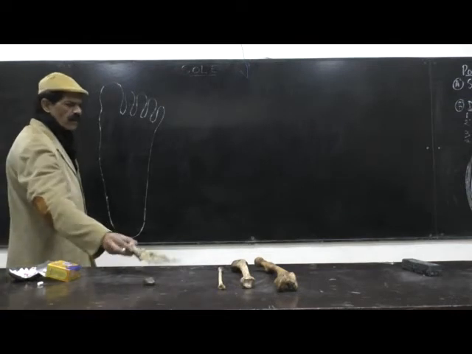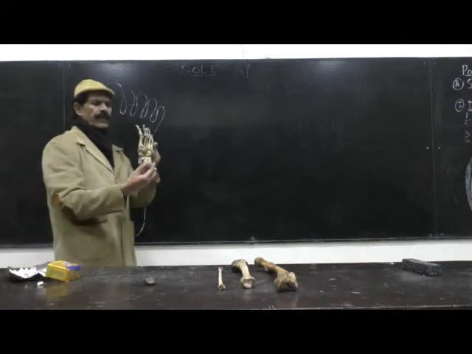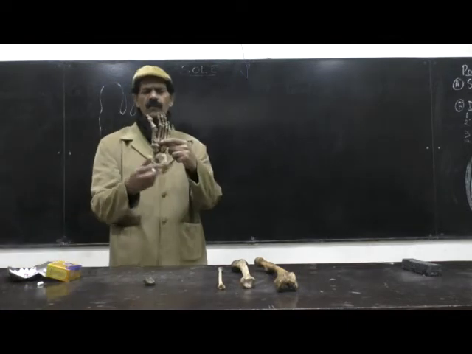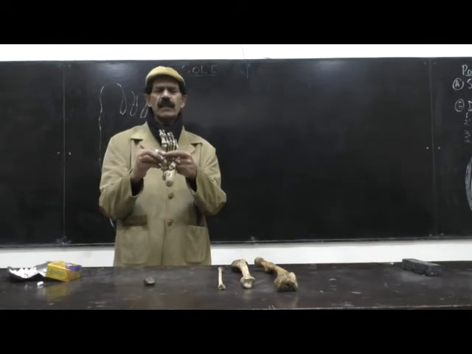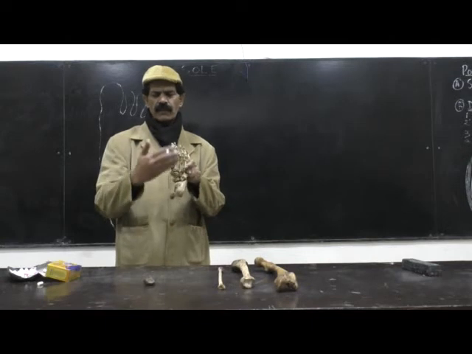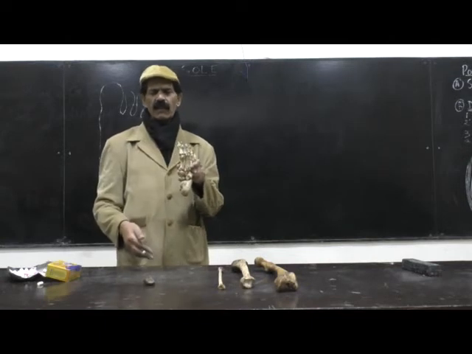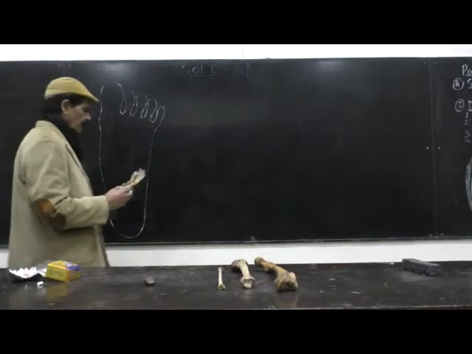The various bones which are arranged in the sole of the foot are the tarsal bones. So what is their mutual relationship, or when we see all the tarsal bones from the plantar surface, how are they looking?